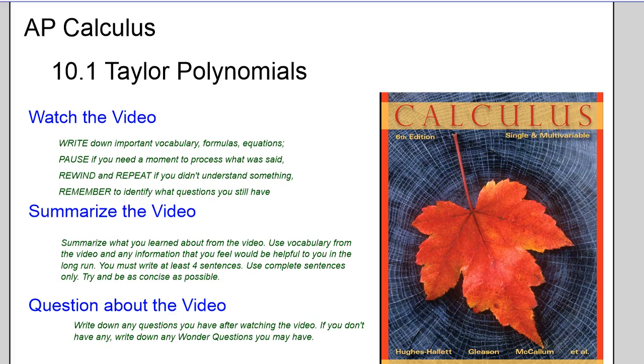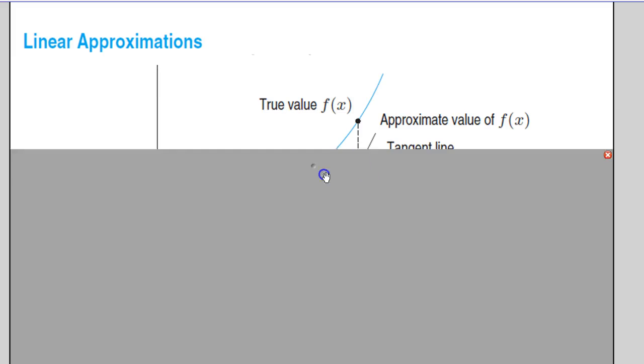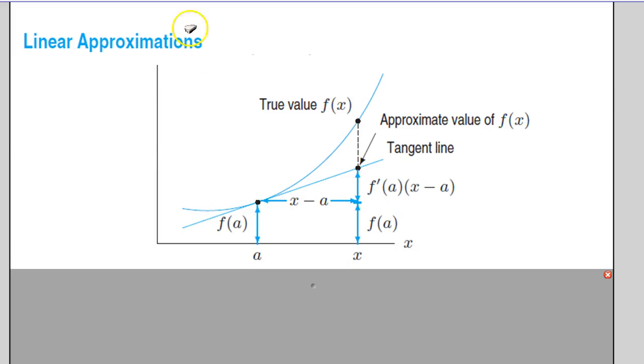All right, let's begin. In order to start this section, before we started, we're actually going to review something that we've already done last semester. Last semester, we had nonlinear functions that we were able to approximate with a linear function, and this graph should look familiar. As you can see, we have a nonlinear function f of x.